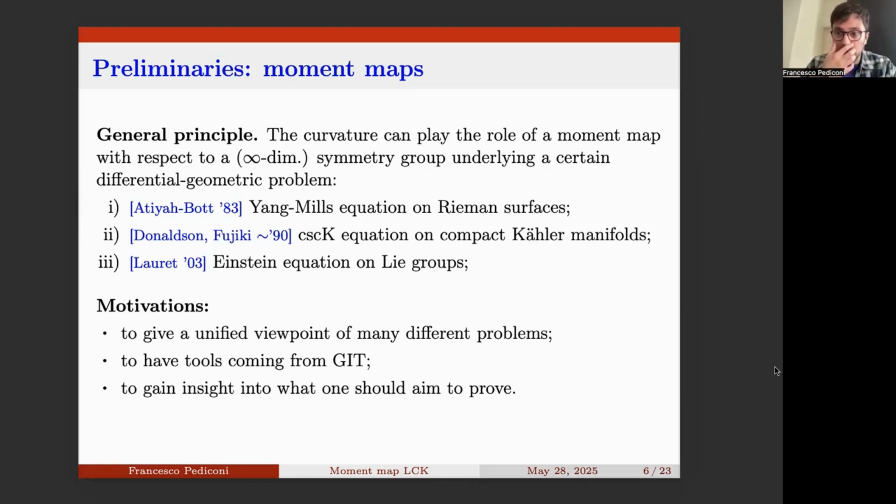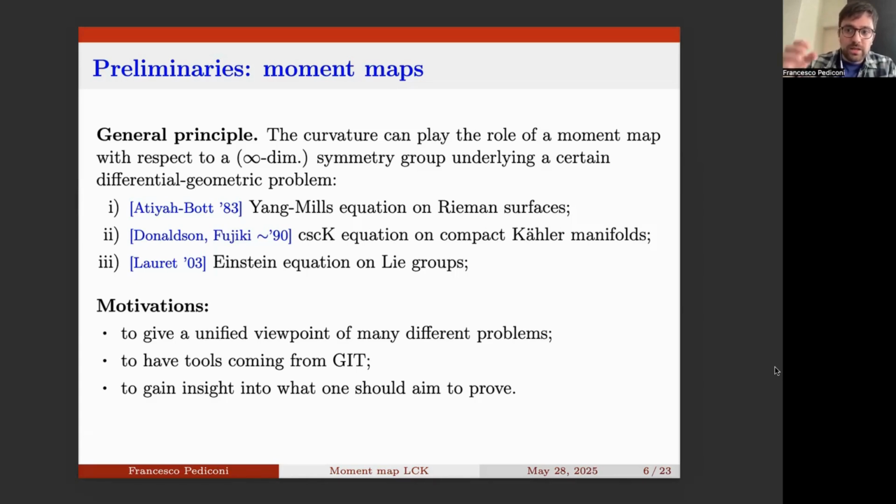So for example, two years ago, this type of approach allowed the solution of the Alekseevskii conjecture by Böhm and Lafuente, saying that any Einstein homogeneous manifold with negative scalar curvature is a solvmanifold.